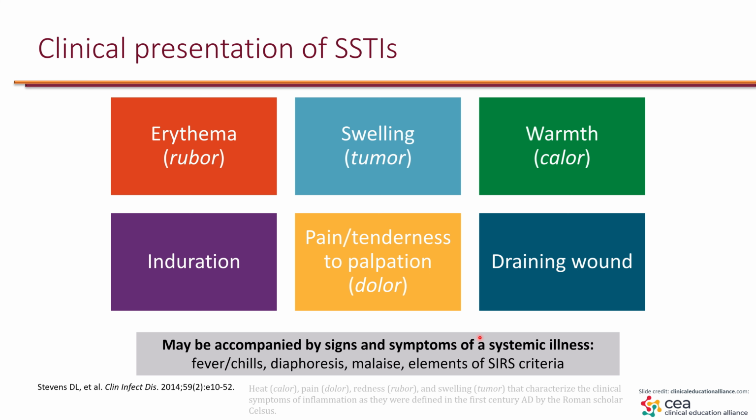And they may be accompanied by signs and symptoms of a systemic illness. For example, depending on the severity, there may be fever and chills, diaphoresis, malaise, or elements of SIRS criteria. And we will use these when we select treatment, we will label some of these as mild, moderate, or severe, which I will discuss when I go over treatment.